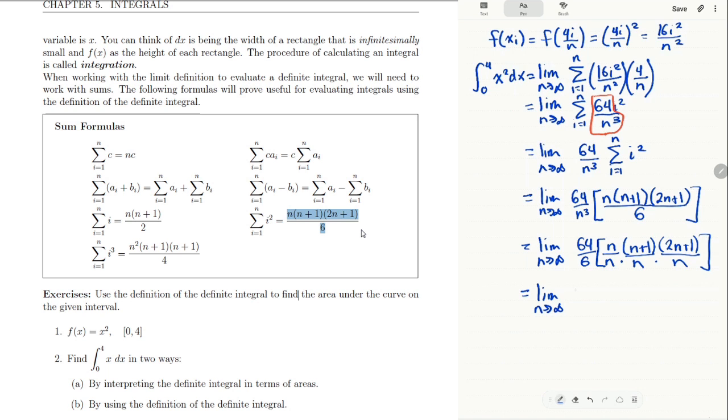So now we can simplify this to 32 over 3 times n over n, which is 1. We have n plus 1 divided by n. That's 1 plus 1 over n. And 2n plus 1 divided by n, which can be simplified to 2 plus 1 over n.